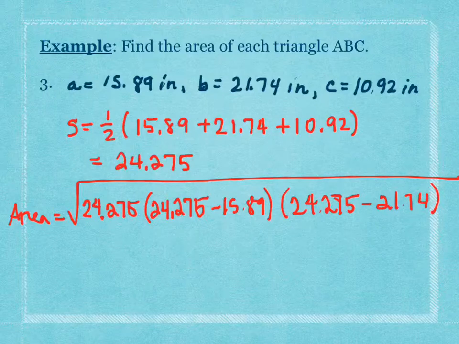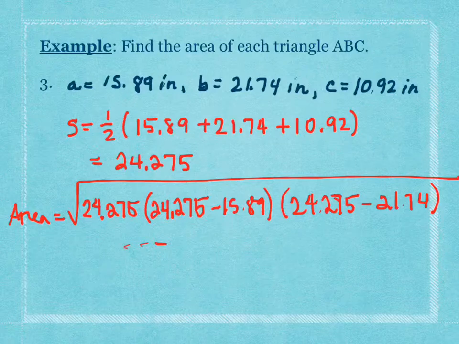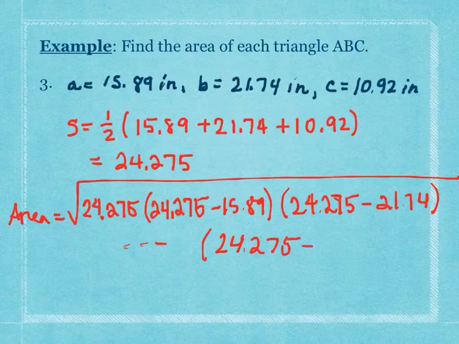And then this is still underneath my square root. Pretend like you can see it, but you can't. My screen's not big enough. Or maybe I write too big, I don't know. 24.275 minus the 10.92. Okay, so that's multiplied underneath just like it should be, right beside it like the other ones were.